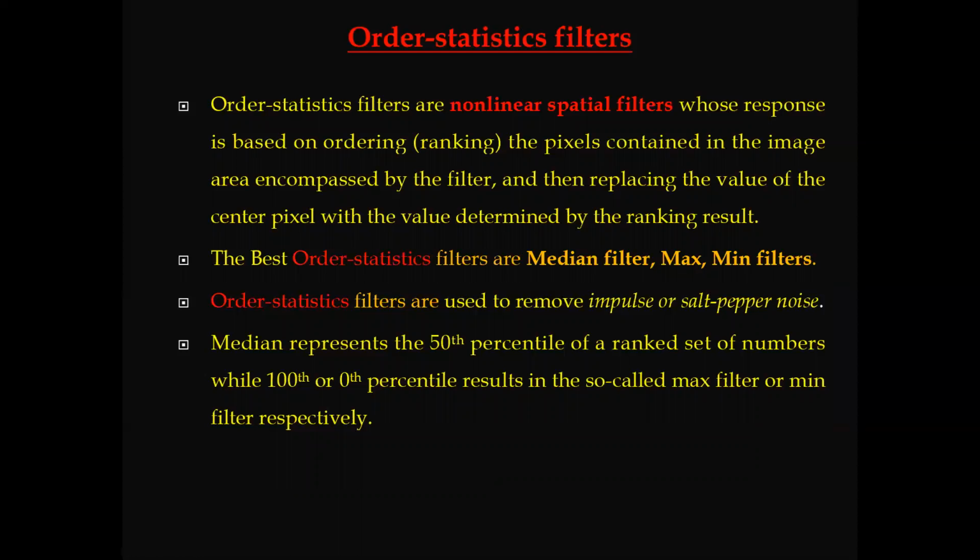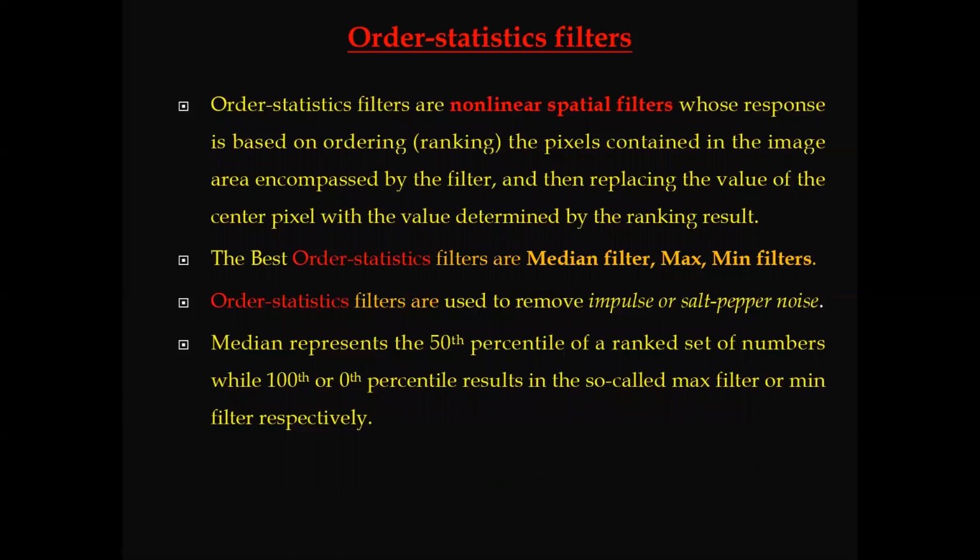Order statistic filters. All order statistic filters are nonlinear spatial filters whose response is based on the ordering, that is ranking, of the pixels contained in the image area encompassed by the filter, and then replacing the value of the center pixel with the value which is determined by the ranking result.